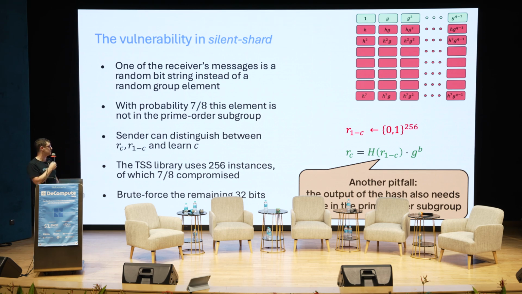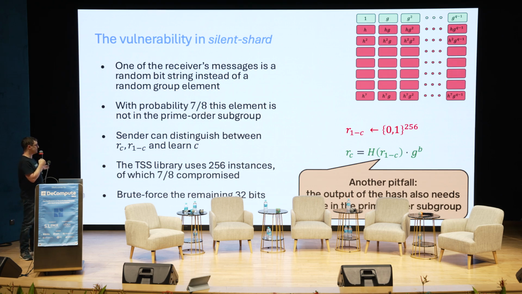And you can easily tell those two apart. So in a completely passive attack, when the sender receives the two messages R sub C and R1 minus C, one of them will be a random group element, and the other one with probability 7/8 will not be, and it's easy to tell them apart. And so this immediately breaks the security of the OT.